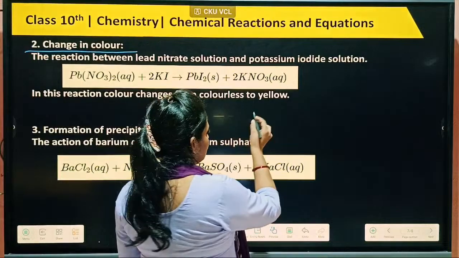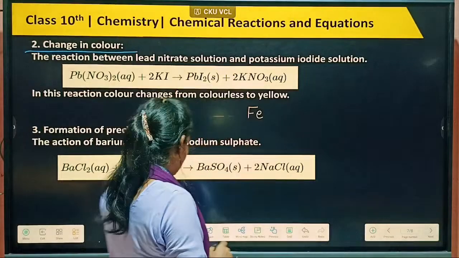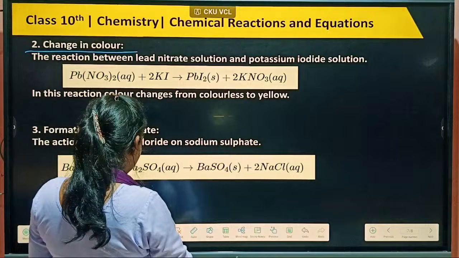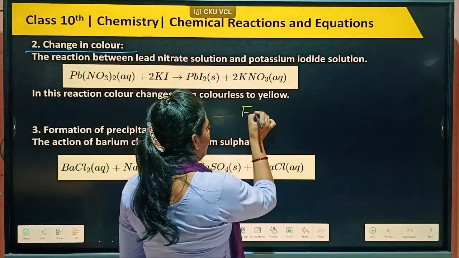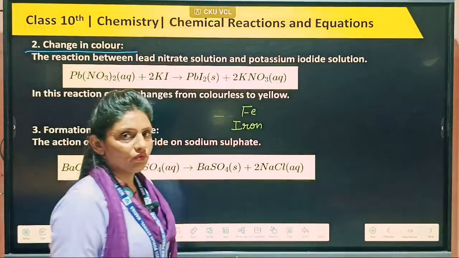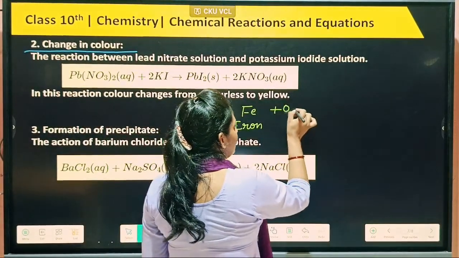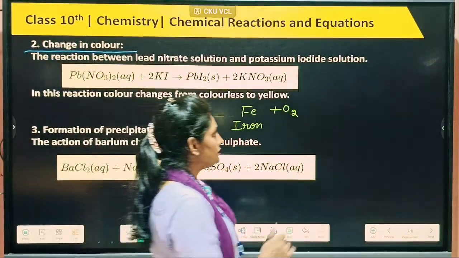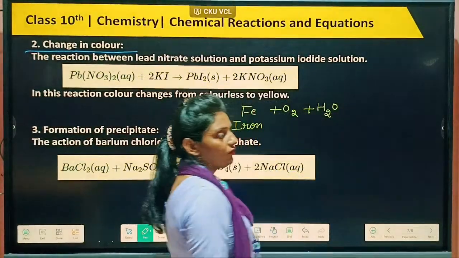Then students, rusting. You know what is the color of iron? This is Fe, the symbol of iron. Students, when we keep an iron particle in the atmosphere, it will react with oxygen present in the atmosphere, plus it will react with water vapors.